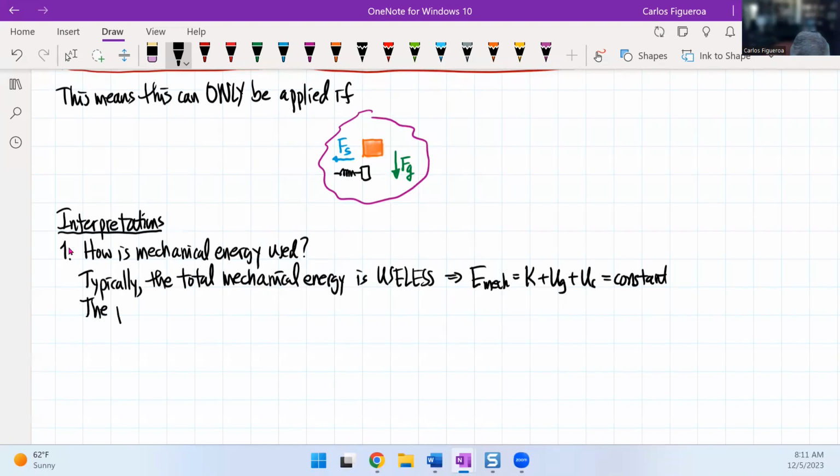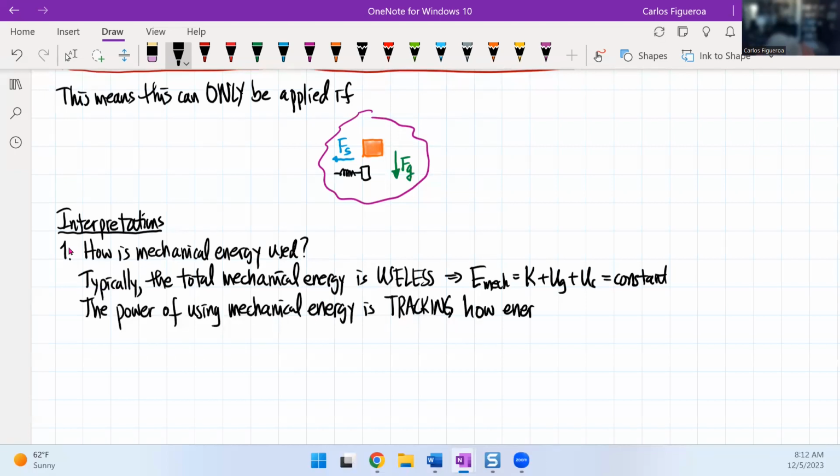The power of using mechanical energy is tracking how energy changes or transforms into other types of energy.